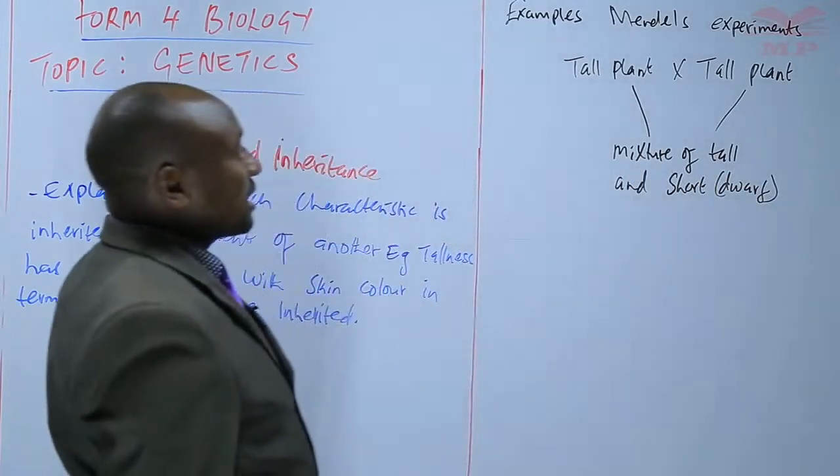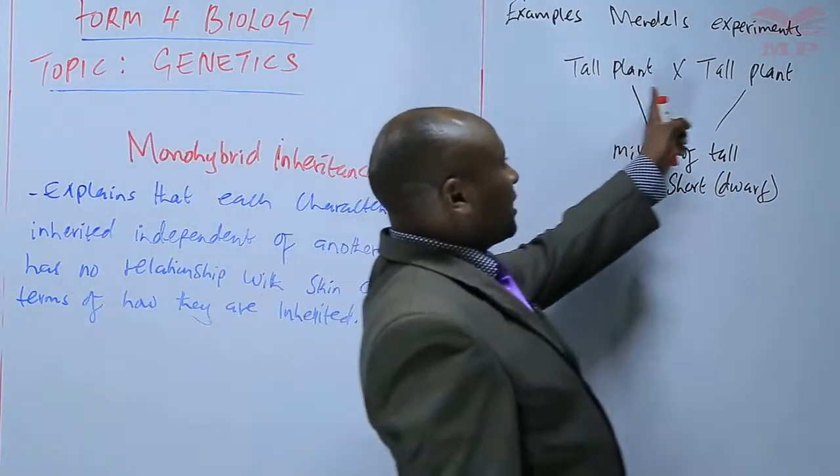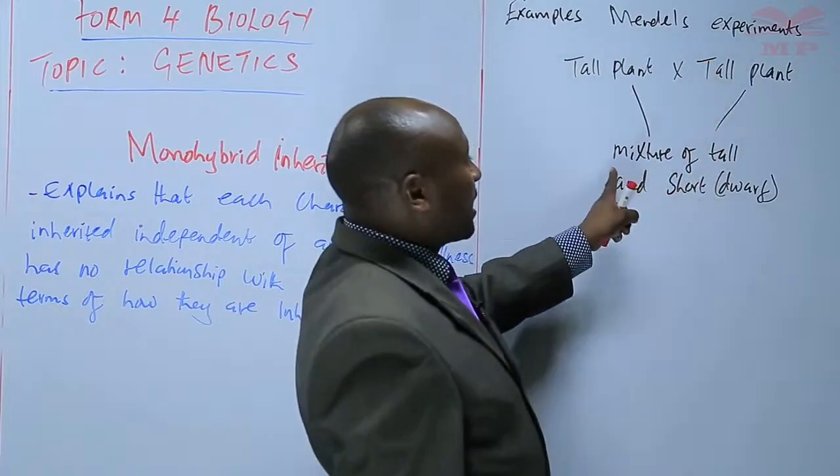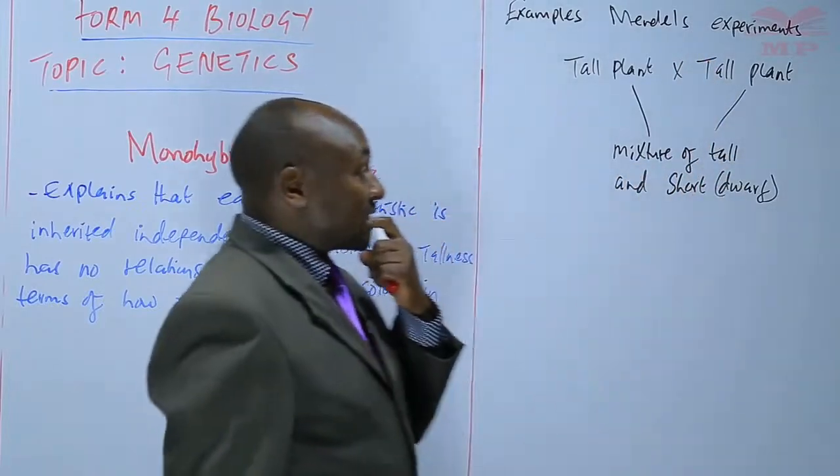So that by crossing a tall plant and a tall plant, we are getting a mixture of tall and short.